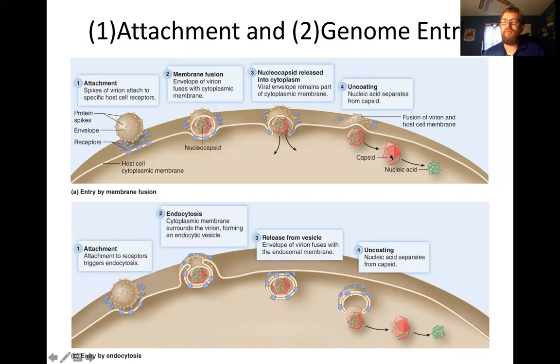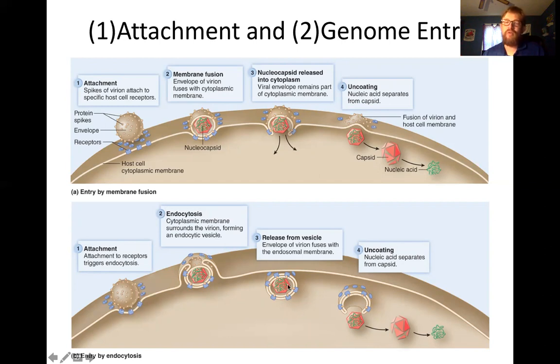Your capsid then breaks down, and sometimes it will have enzymes in it that help your nucleic acids get exposed, and then you can start making copies of that nucleic acid and start making mRNA so you can make protein. Here, with endocytosis, you start off very similar, but the attachment to these receptors actually triggers endocytosis.